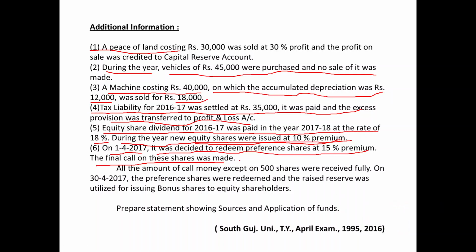The final call on these shares was made. All the amount of call money except on 500 shares were received fully. So, on 500 shares, the company did not get the call money. On 30th April 2017, the preference shares were redeemed and the raised reserve.